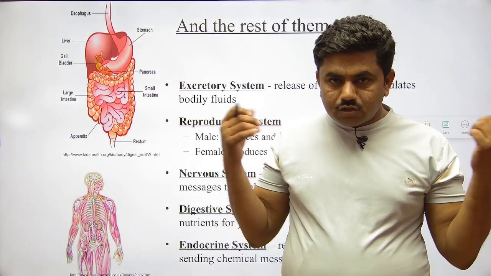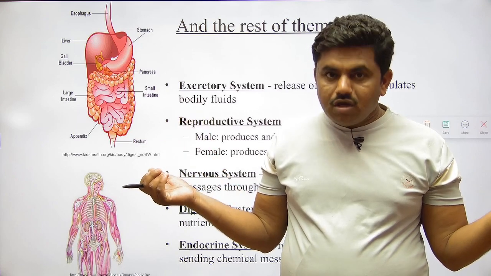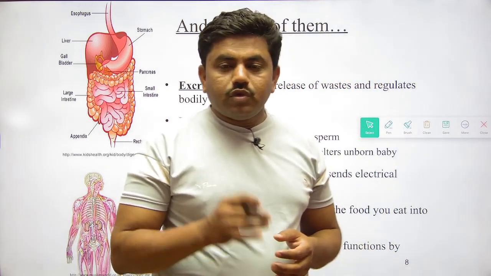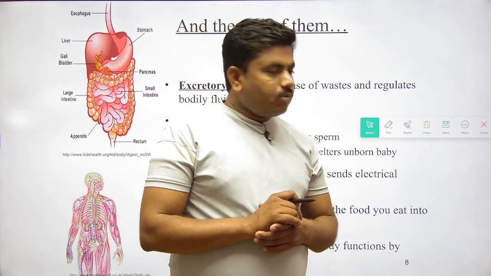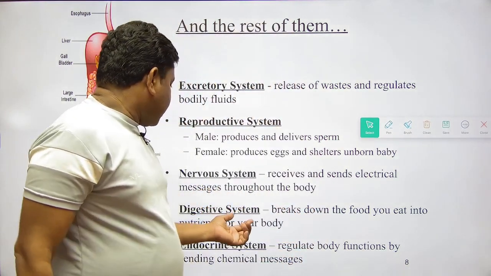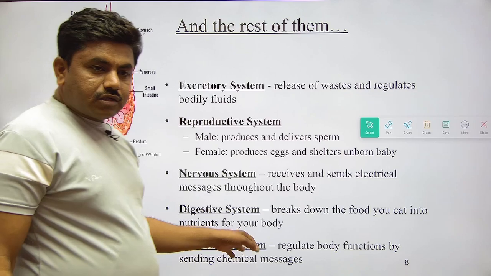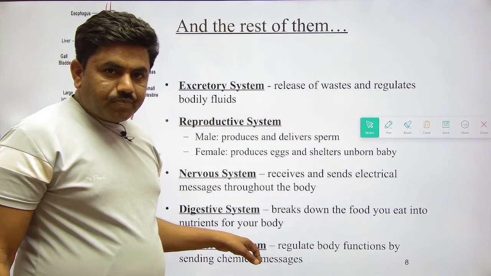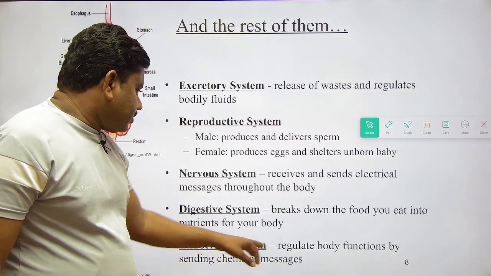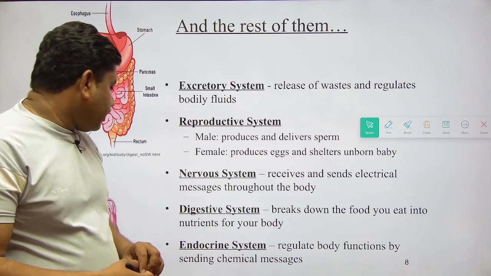These are provided throughout the body through blood, and reach each and every cell of the human body. That is why the digestive system, which breaks down food and gives nutrients to the body, is important. The endocrine system regulates body functions by sending chemical messages.